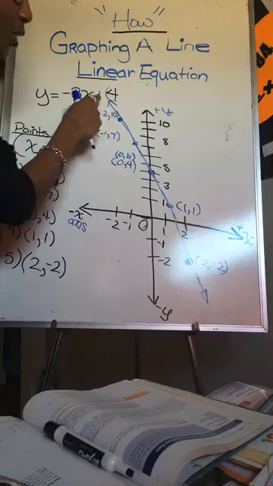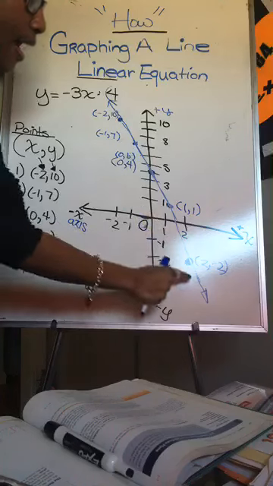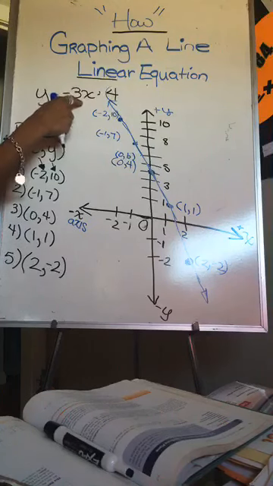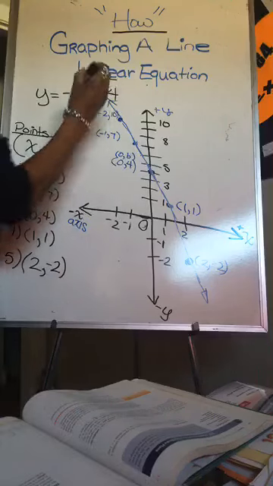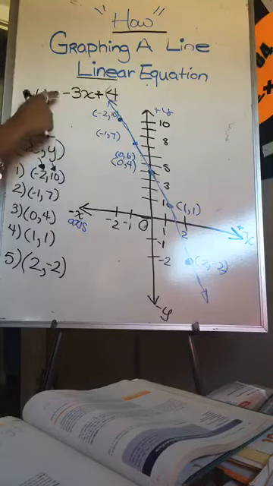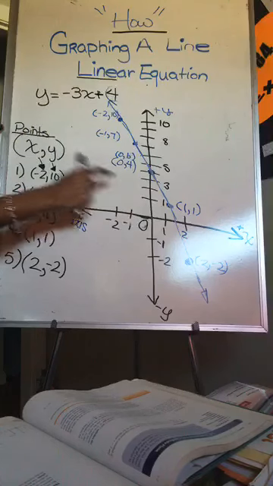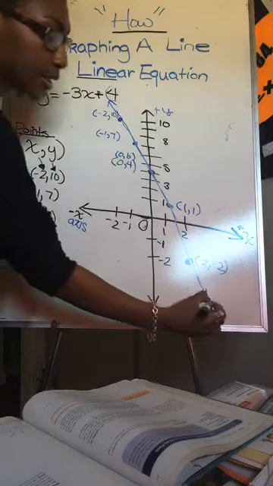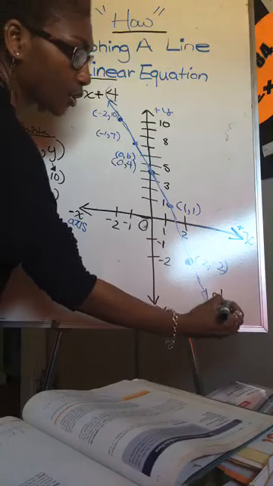So now you see we have graphed our line by creating a table and plugging the values that I gave into this equation, negative 3x plus 4. This is what this equation looks like on a graph. So it is a diagonal. And look how it is pointing. It is pointing slanted downward.